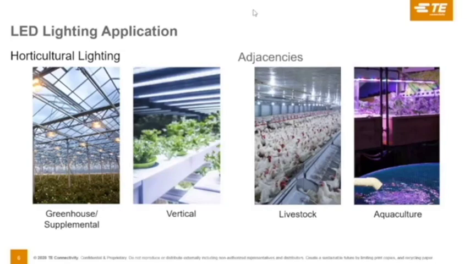Whether it's greenhouse or vertical farming, these applications are generating a considerable amount of visibility and opportunities for LED lighting. But the products that make these lights work must function well in high humidity or wet rated locations. Additionally, there's a migration to taking these types of lighting applications into some of the adjacencies, livestock or aquaculture.